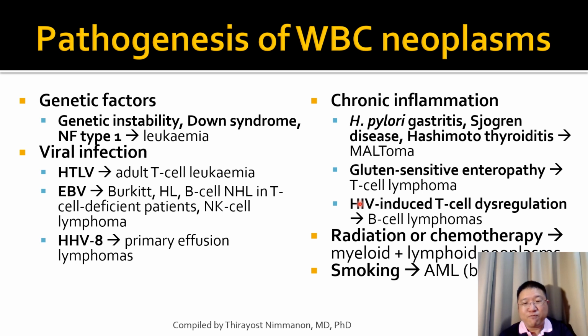So lymphomas within HIV infected patients may be associated with EBV. And radiation and chemotherapy are associated with different myeloid and lymphoid neoplasms, and smoking, particularly the benzene component of it, is a cause of acute myeloid leukemia.